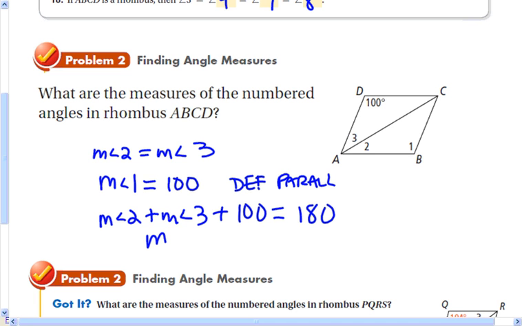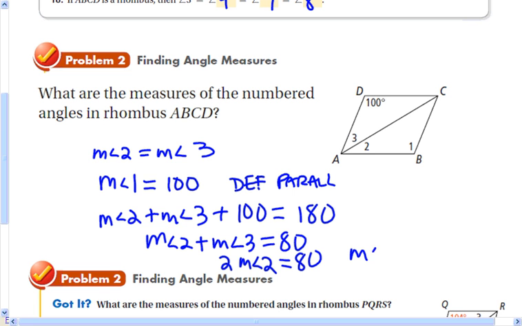So then we can just subtract 100 from both sides, and we get the measure of angle 2 plus the measure of angle 3 is equal to 80 by the subtraction property of equality. And we can say that 2 times the measure of angle 2 is equal to 80 because the measure of angle 2 and the measure of angle 3 are congruent. And so the measure of angle 2 is equal to 40, which is equal to the measure of angle 3.